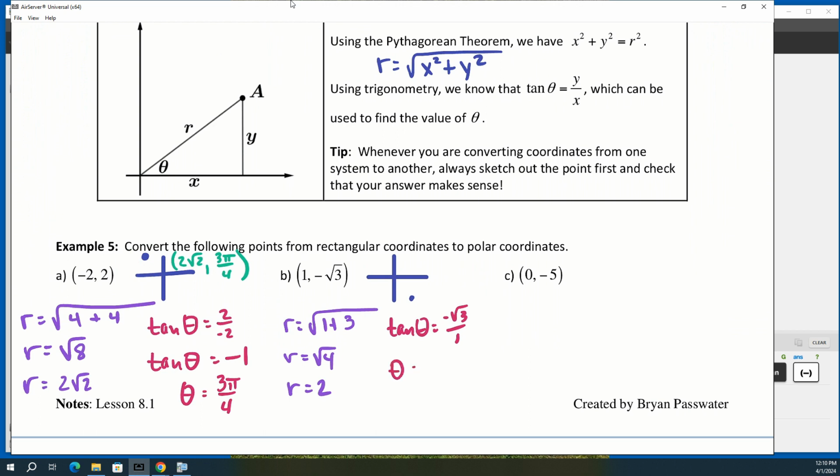So we want to know which angle, and this angle needs to be in quadrant 4, has a tangent of negative square root of 3 over 1, which means that if I take the y and I multiply it by the reciprocal of x, that is what I'm going to get. And that corresponds with 5 pi over 3.